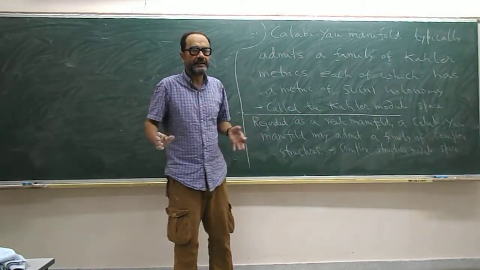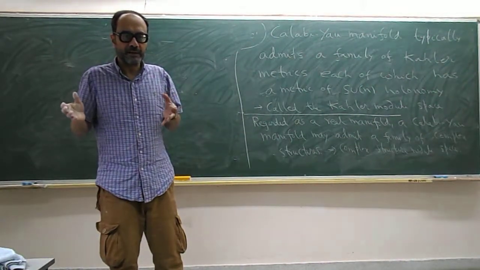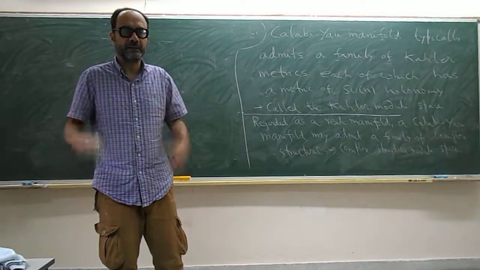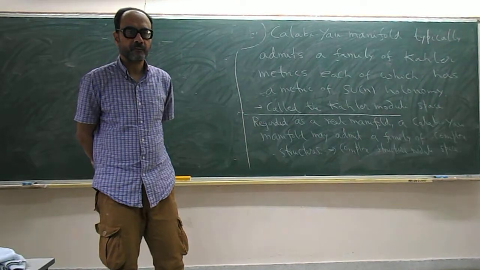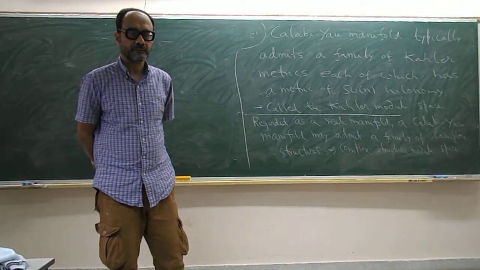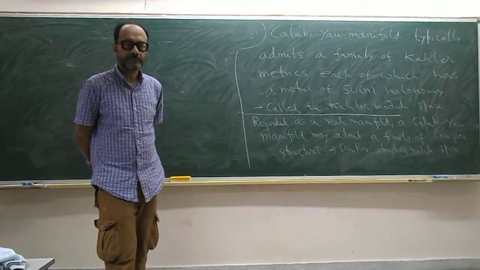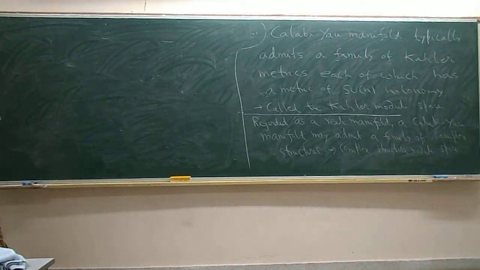At least from a physicist's viewpoint, that's more natural: you think of this as a real manifold, and the complex structure is an additional ingredient that you think of as a family of complex structures. It's something that admits a complex structure, which in turn admits a metric of SU(n) holonomy. Exactly, that's right. Okay, so let's consider the torus.